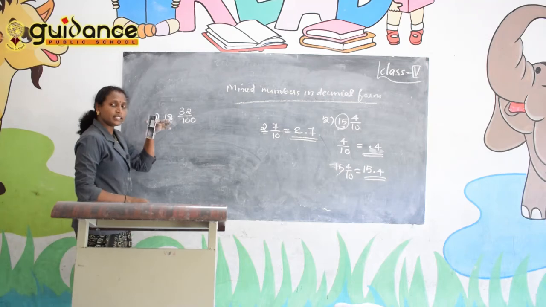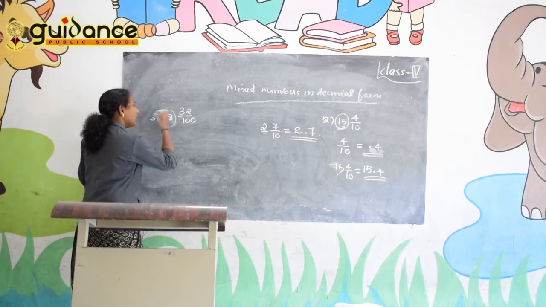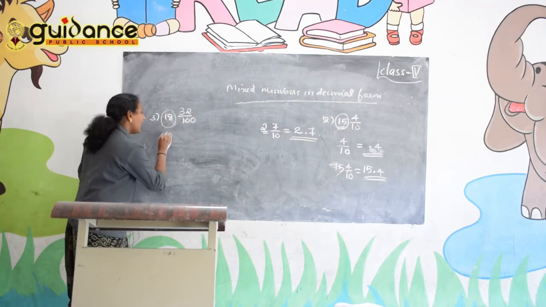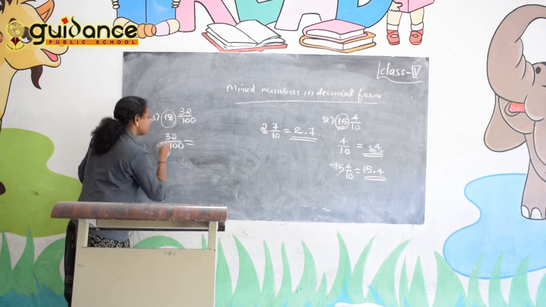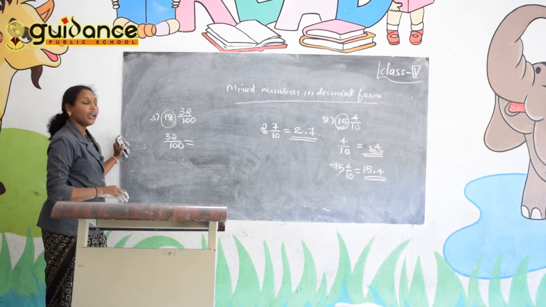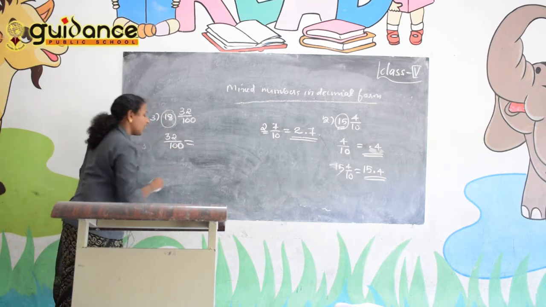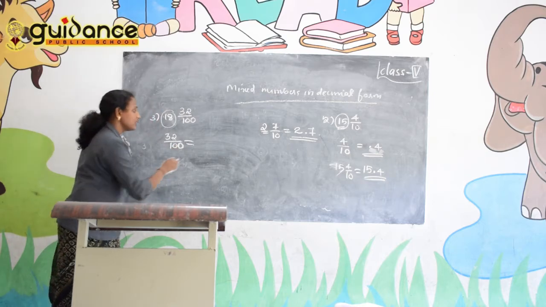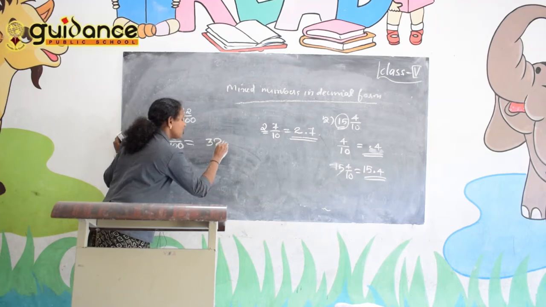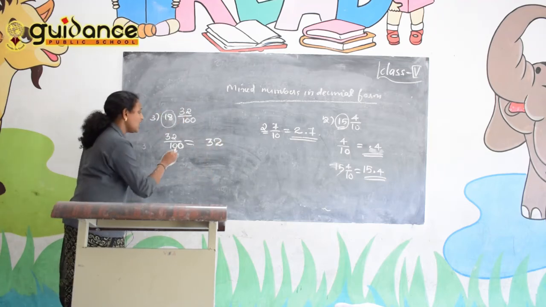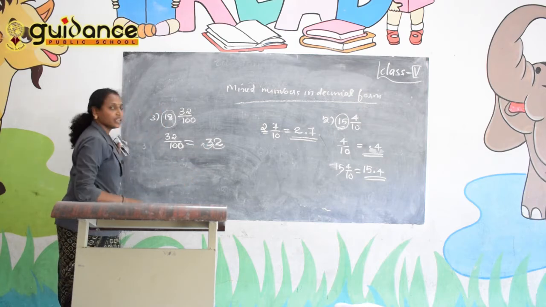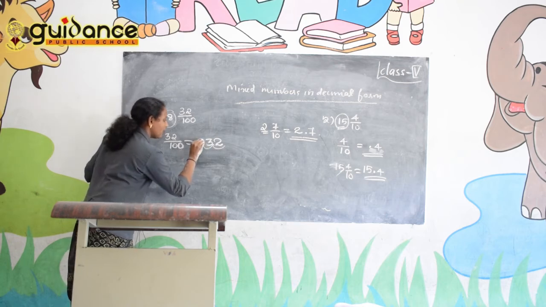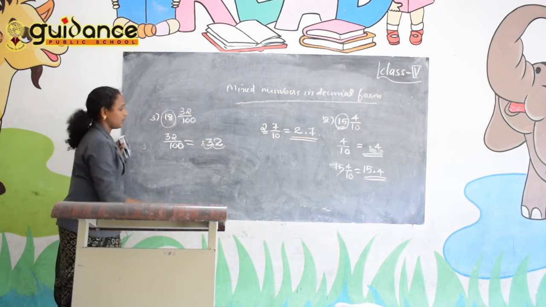So how will you write this? 18 is the whole number part, and we convert the fraction 32 by 100. The denominator has 2 zeros. First we write the numerator and move 2 places, then put the decimal point.